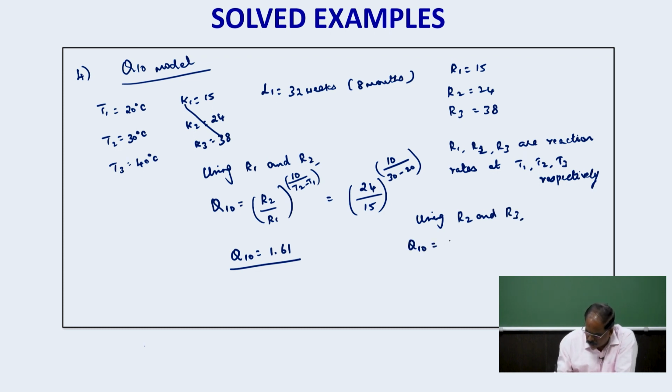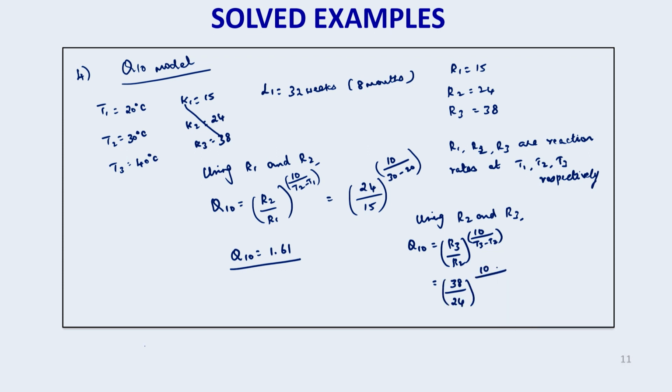Q10 is equal to R3 by R2, the whole power 10 divided by T3 minus T2. Substituting the values, R3 is 38, R2 is 24, the whole power 10 divided by temperature T3 is 40, T2 is 30, so 40 minus 30.